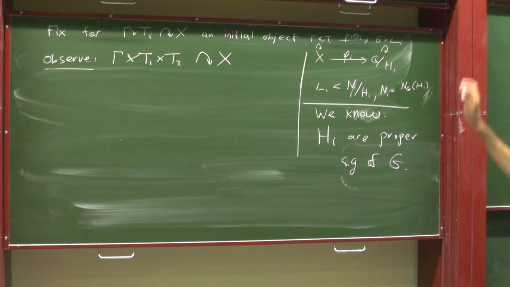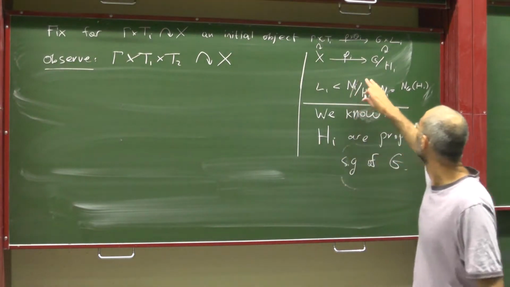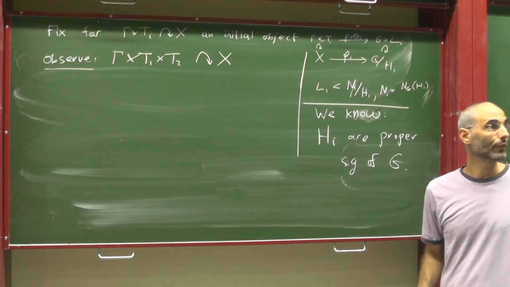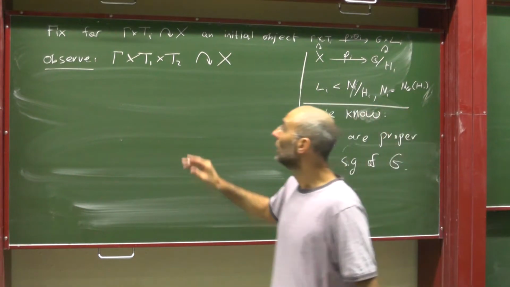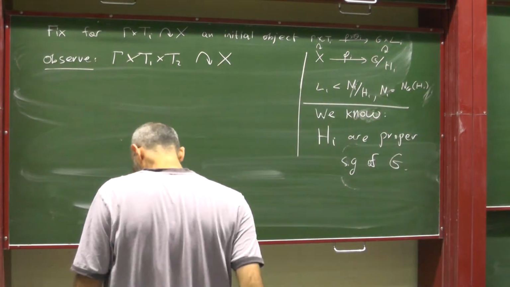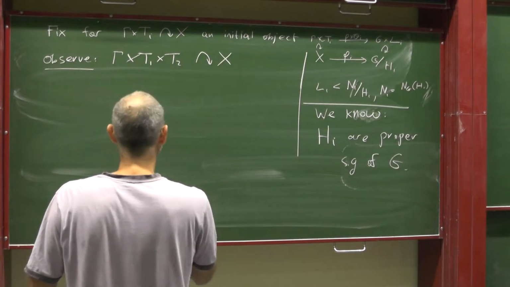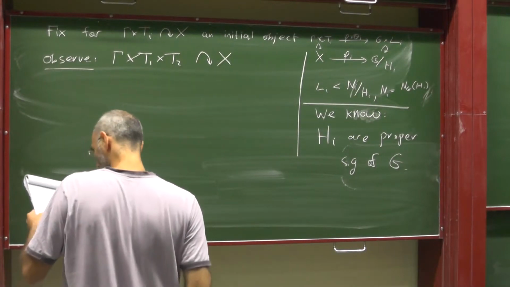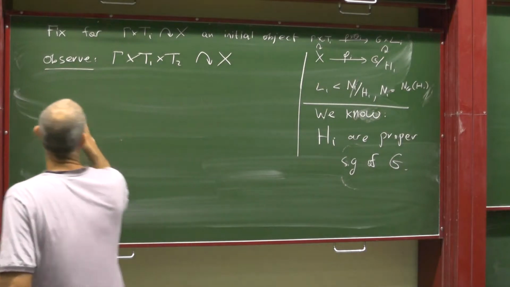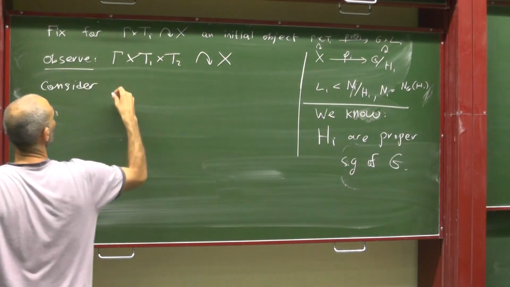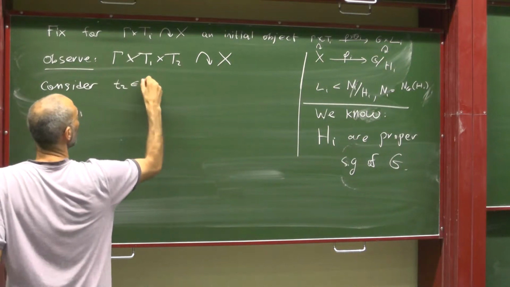We worked hard for this. Those categories are non-trivial. And for this it was enough to consider the trivial representation of T1, T2. Okay. And now, let's consider not the full group T2, but one element.